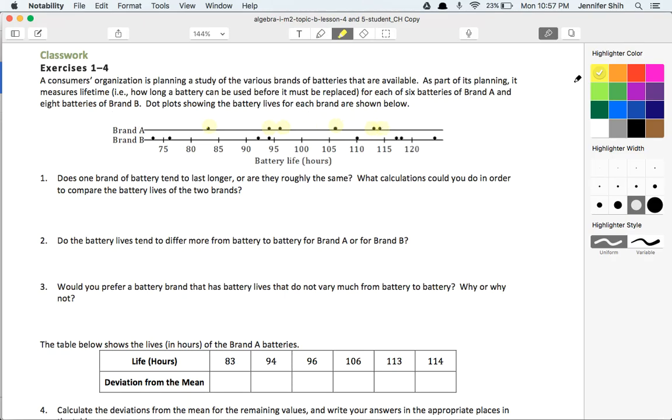And 8 batteries of brand B. Does one brand of battery tend to last longer?